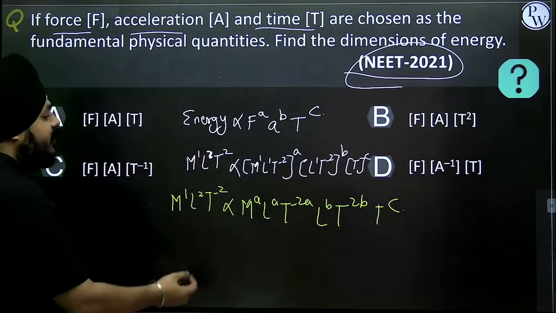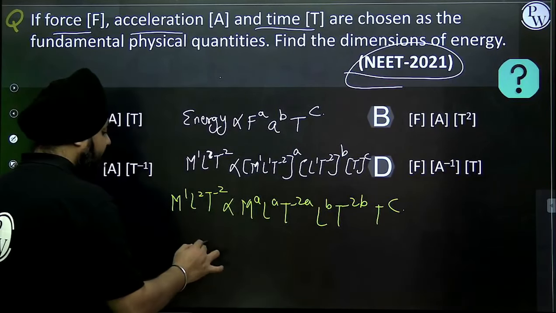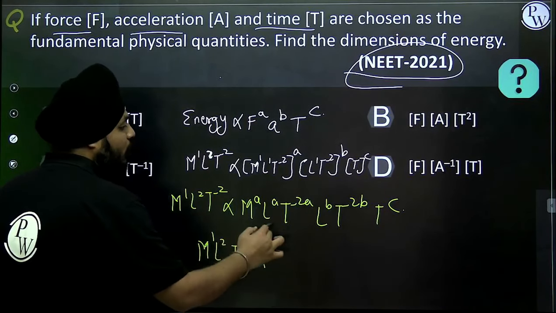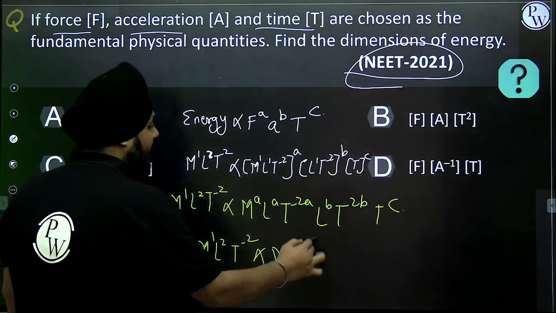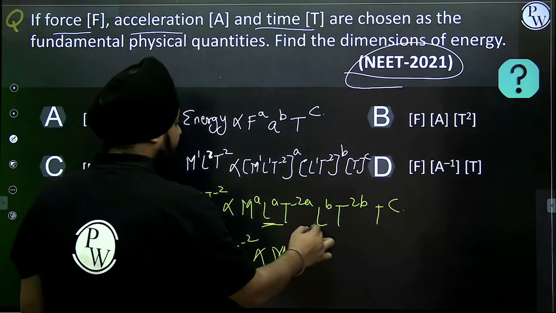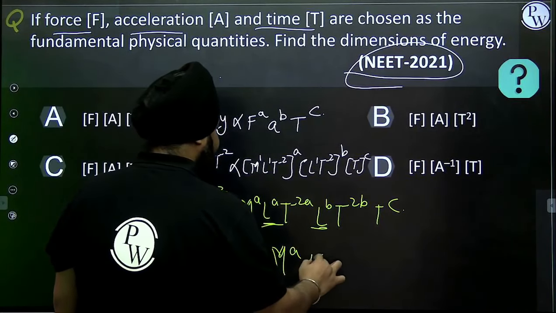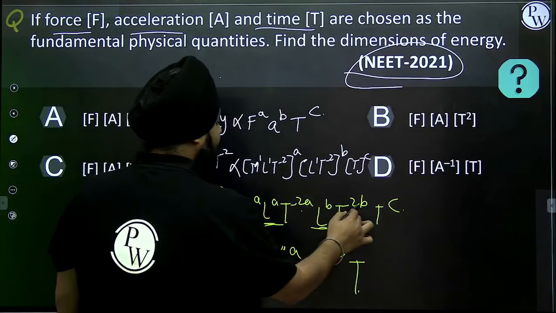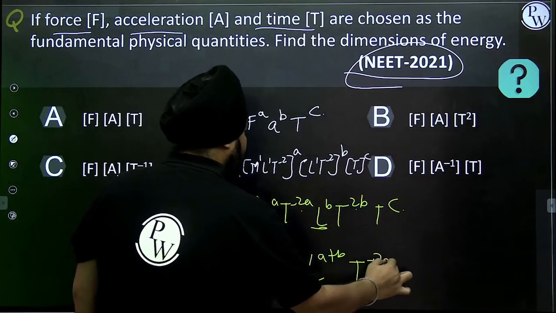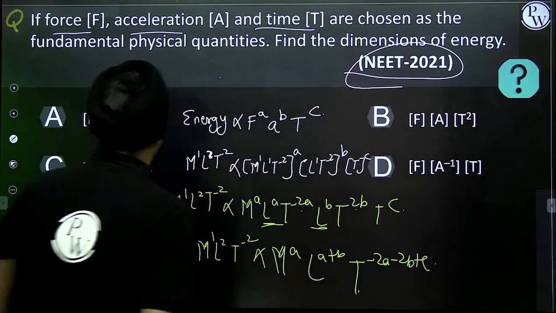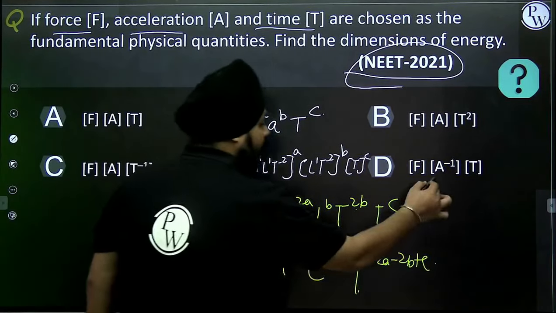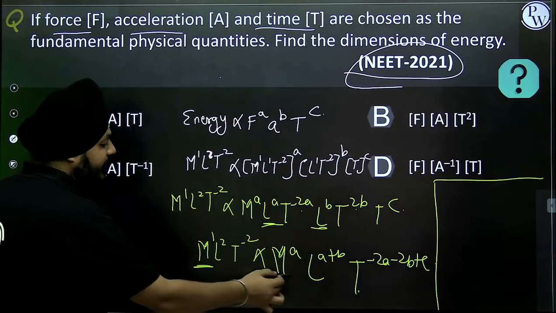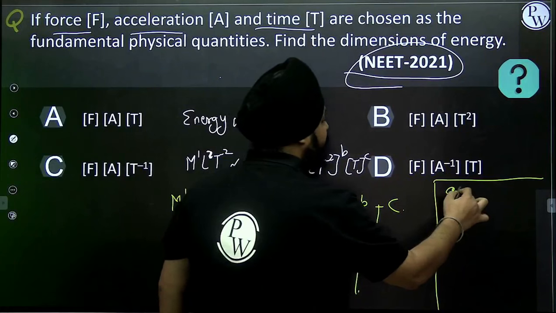Rewriting this equation by joining the relevant dimensions, M1 L2 T minus 2 is directly proportional to M to the power A, combining L, L to the power A plus B, T to the power minus 2A minus 2B plus C. Comparing LHS and RHS, comparing the powers of M, we get A equal to 1.